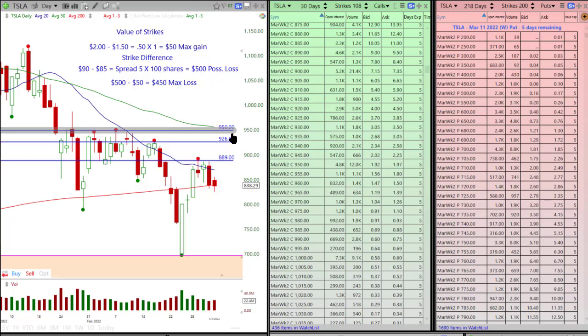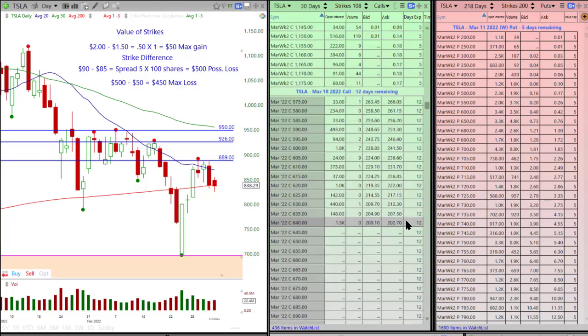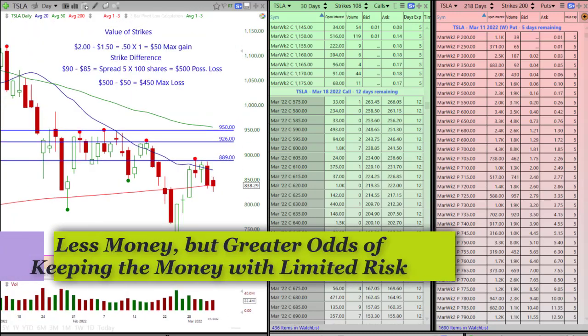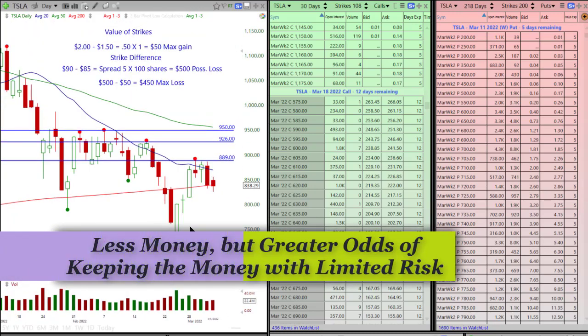If it goes down and we're selling a call spread, great. If in a put spread, it's going against us. As long as it doesn't go all the way down here, we get to keep the money at the end of the 5 days. And of course, we can go out more days, and then there's more money involved, but that comes into more probabilities and so on. The shorter amount of time, the greater the odds that we'll be able to call the direction or non-direction of prices.